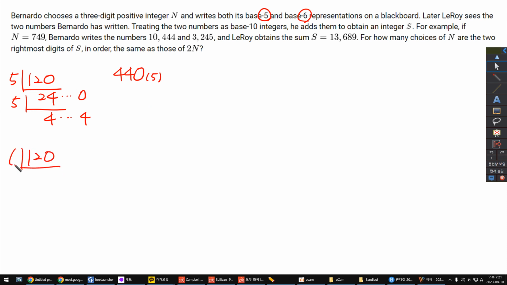And how about 6? When 120 is changed to the base 6 representation, that will make 320.